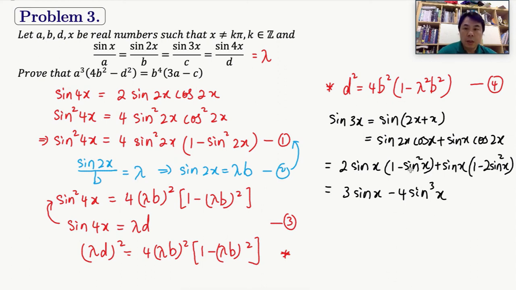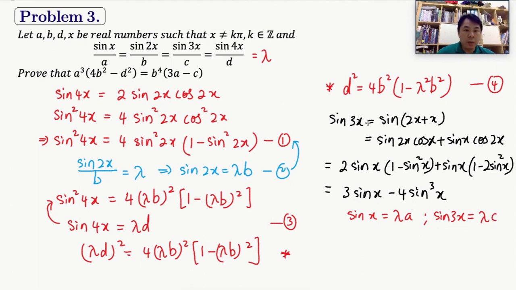Alright, so I hope that is clear. And then from here, I will make that remark. We know that sine x must be the same as lambda a. And at the same time, sine 3x is the same as lambda c.